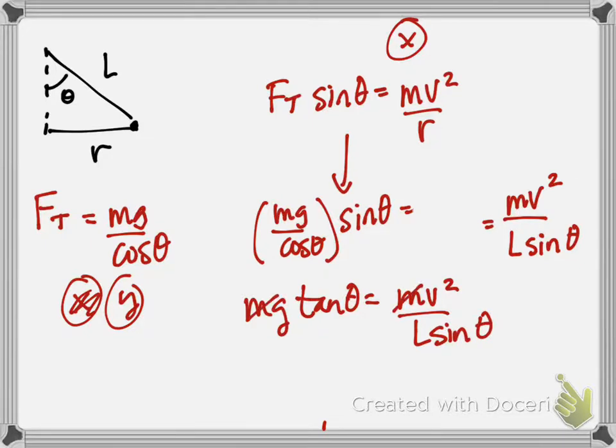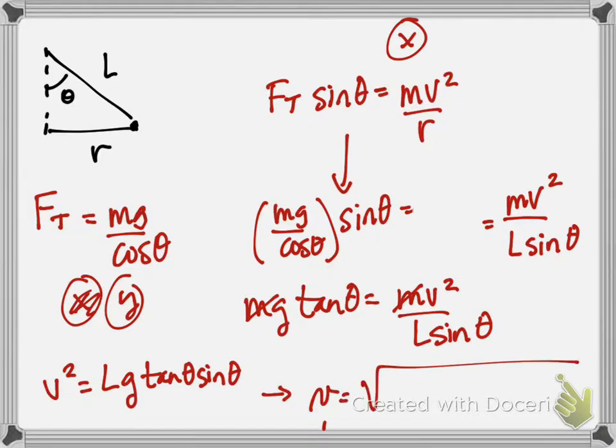And so I get v squared equals Lg tan theta sine theta, which unfortunately doesn't get any less disgusting. V is equal to the square root of L times g times sine theta times tangent theta. I switched the order of those, but that's okay.